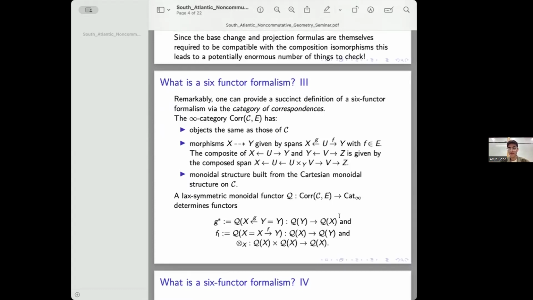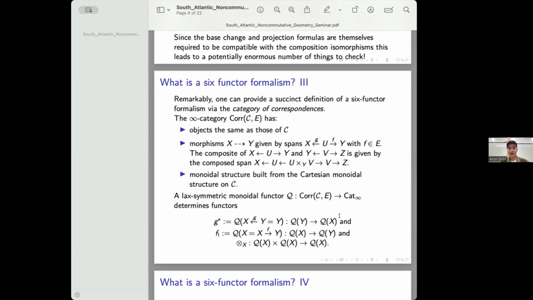So this goes via a construction which is called the category of correspondences. Given a geometric setup, (C, E), we can associate to it an infinity category called Cor(C, E). So what is this category? This category has the same objects as those of C, but the morphisms are given by spans.